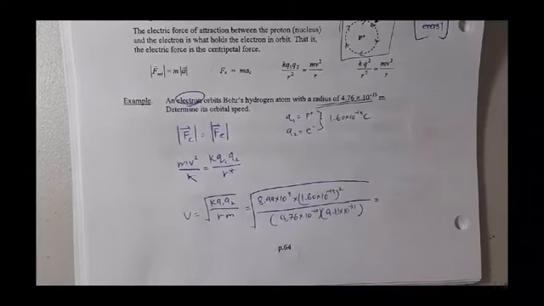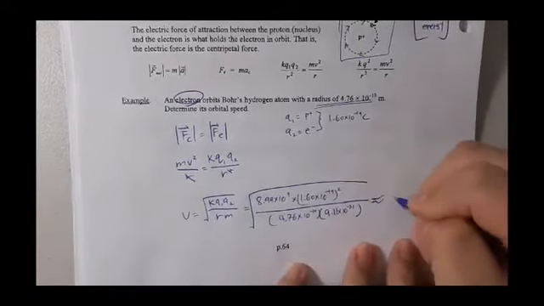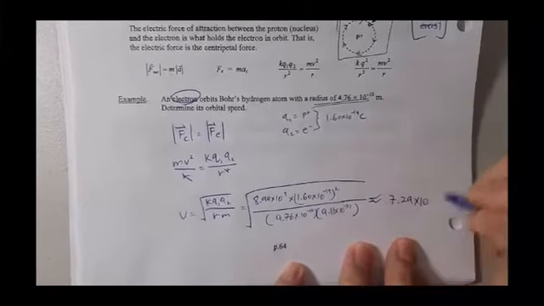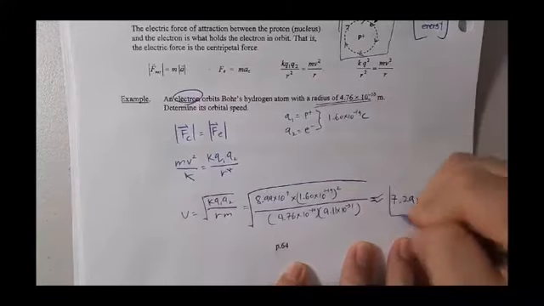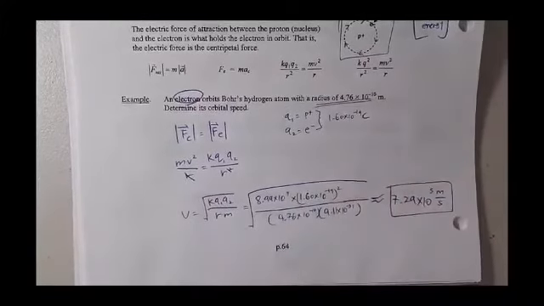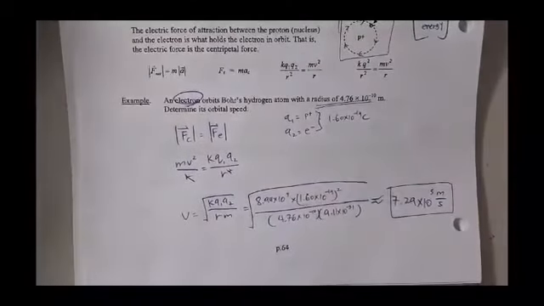Let's punch the numbers in. If I round it up, it has 7.29 × 10^5 meter per second. That's what we have for the speed of the electron that orbits around the hydrogen atom.